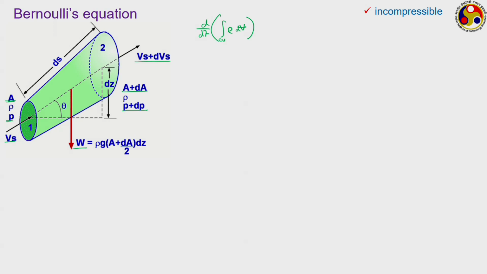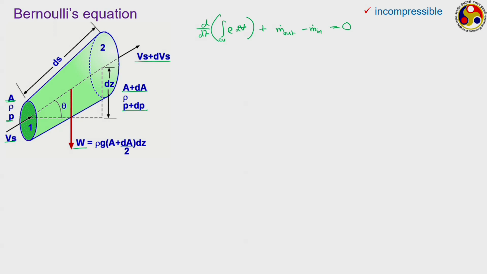CV is the total control volume, which is the stream tube only, plus the mass flow rate moving out minus the mass flow rate coming in is equal to 0. This is the standard form of the mass conservation equation.